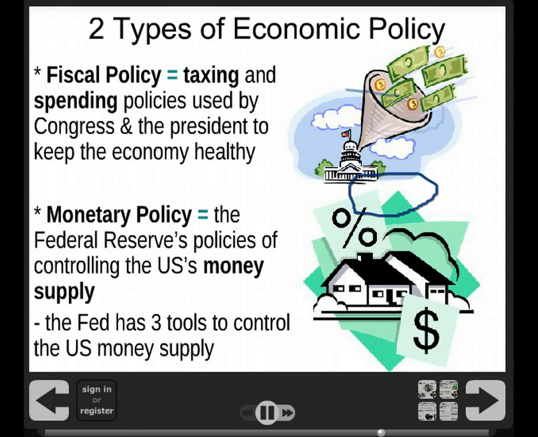And the most important tool the Fed has is changing interest rates, or sometimes it's referred to as the federal funds rate. And the lower or higher the interest rates, the easier or more challenging it is to borrow money. If you see the words money supply, loans, mortgages, that all deals with monetary policy. We're going to take this slide and go a little bit deeper in just a few minutes.